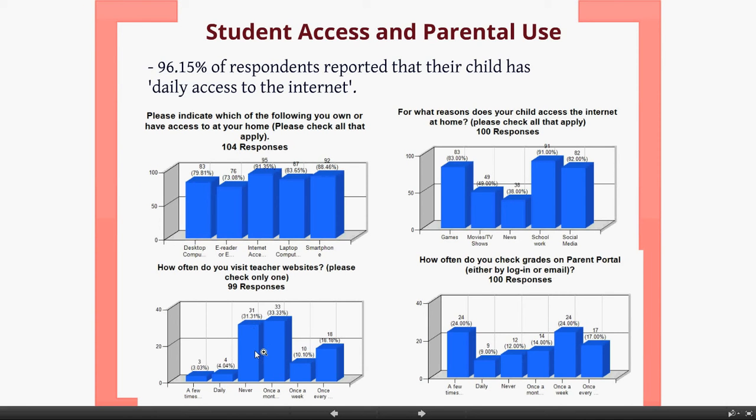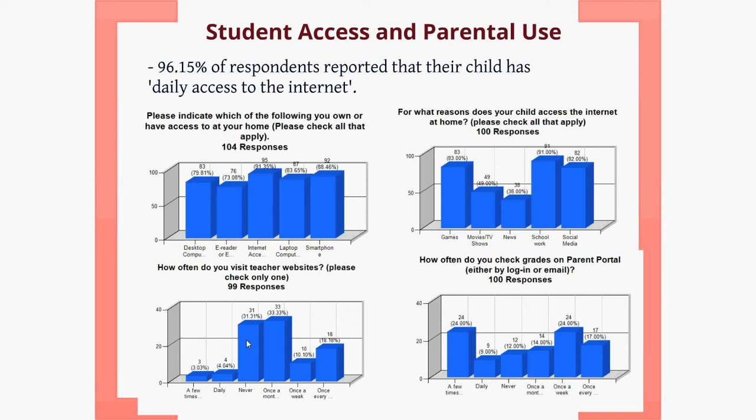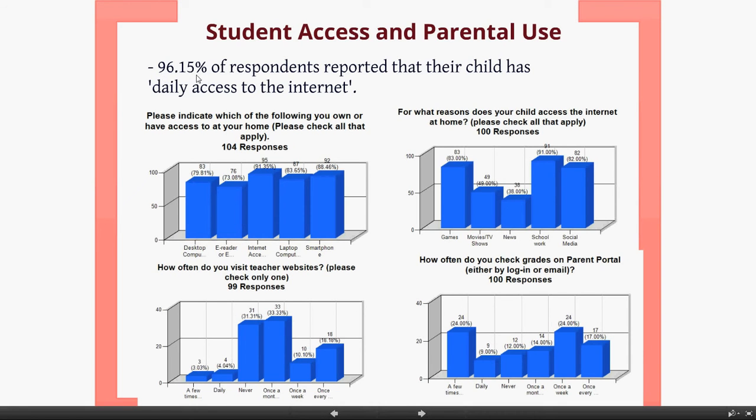Okay, and I found this interesting because looking at my inferential statistical analysis at the beginning, I was wanting to determine if there was a correlation between access to internet, 96%, and checking the teacher websites for parents. And what I found out is there is no correlation.